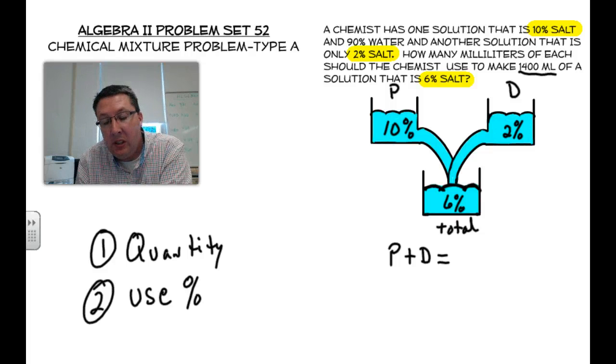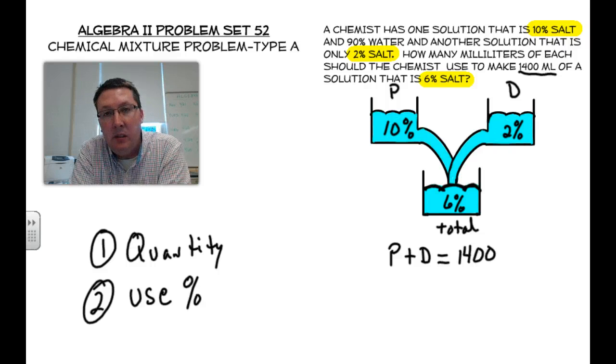So we're going to pour some, we're going to dump some, add that together. We want this to be 1,400 milliliters. So that's our quantity equation.